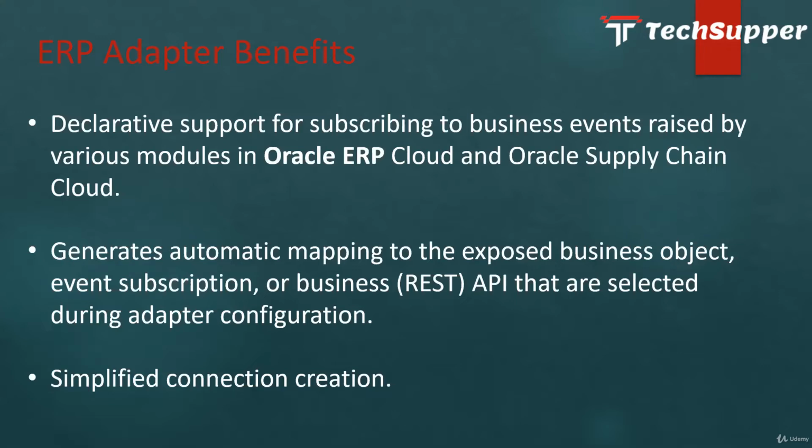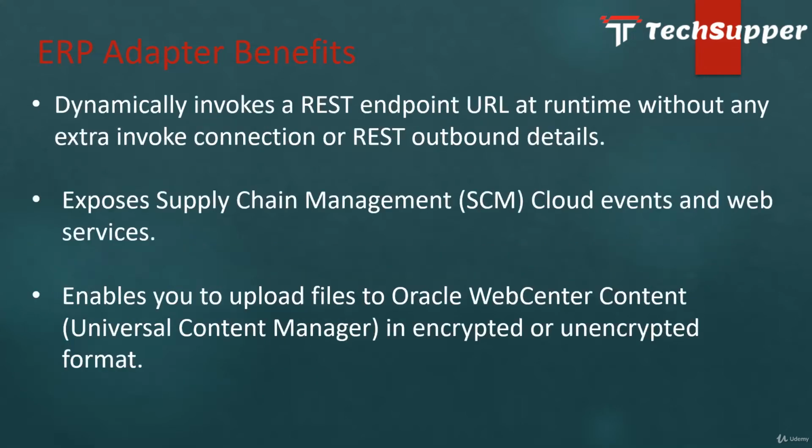But here, Oracle has simplified this connection wherein you just need to provide the Oracle cloud name along with the credentials, and it will automatically identify the required service catalog WSDL, the event catalog, and then optionally the interface catalog URL. The connection creation is a very simple process in OIC. Now, in this video we are using version 20.2, so the connection creation is very simple.